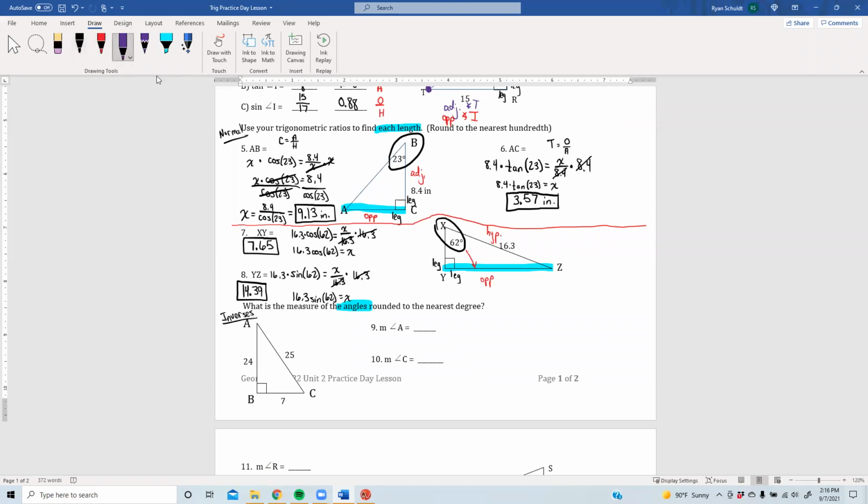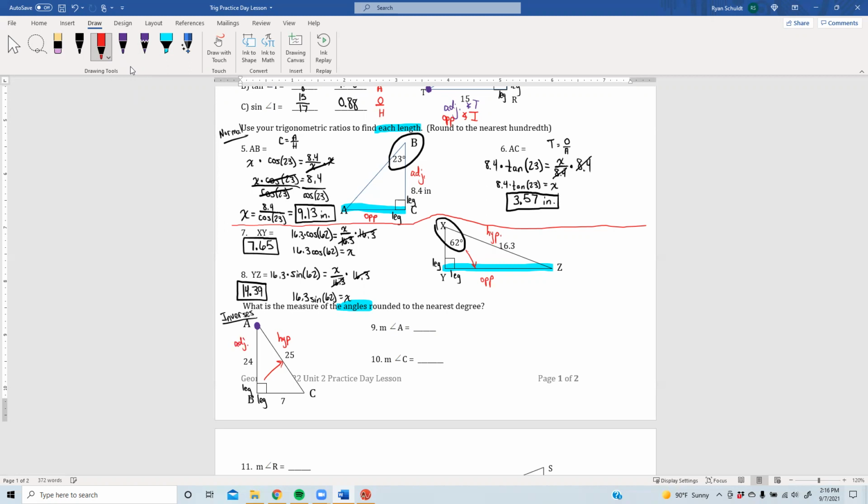So first, they want us to find angle A. Angle A. Well, we can pick any two sides that we want to pick. Maybe, 25 is the hypotenuse. So maybe you want to, since you know that, you're going to say 25. And then, these are legs. So 24 is touching A, so we're going to say that's the adjacent leg.